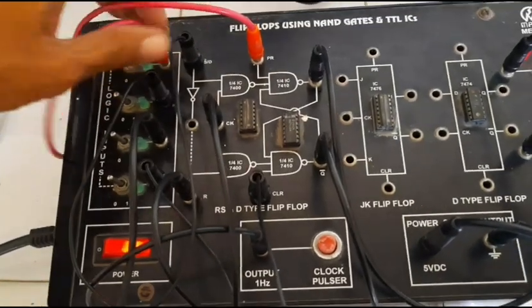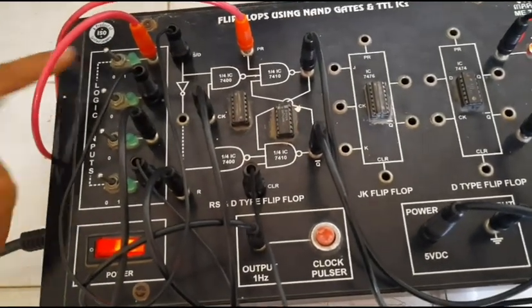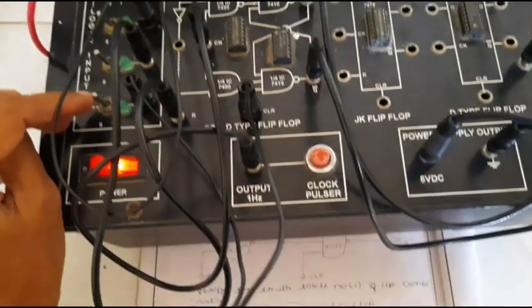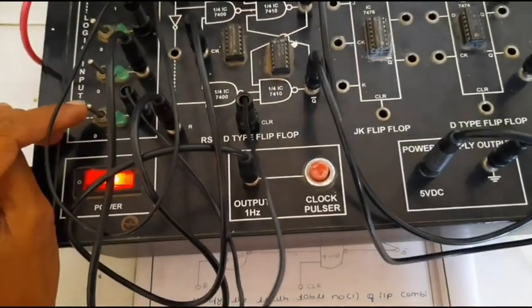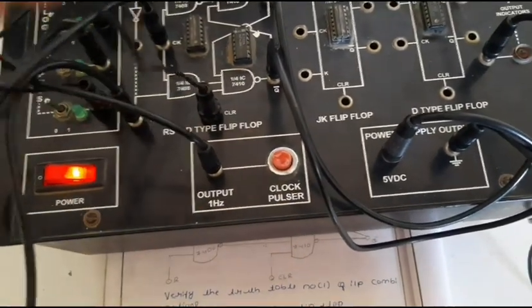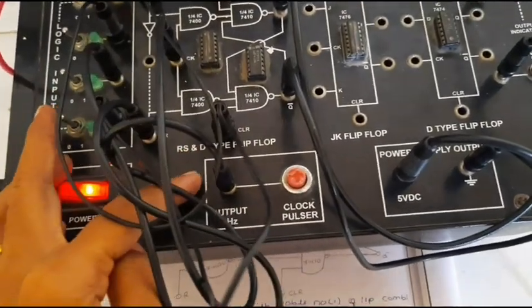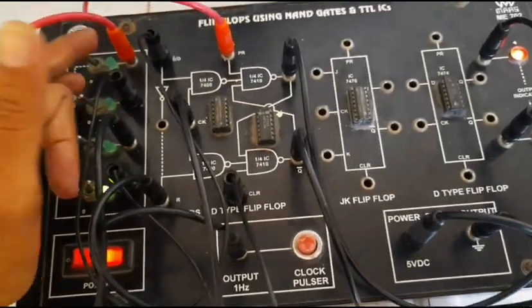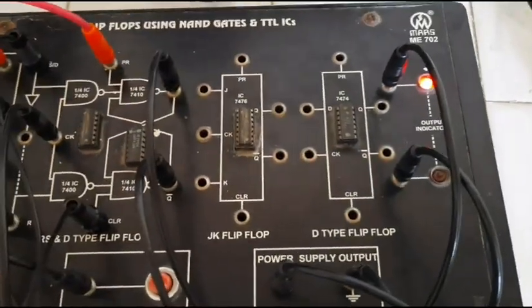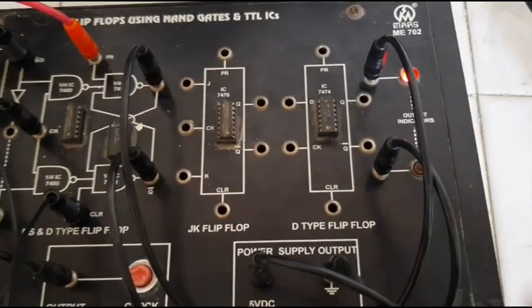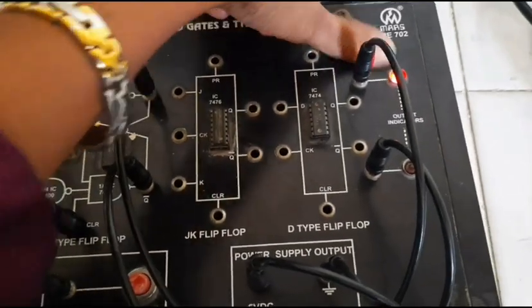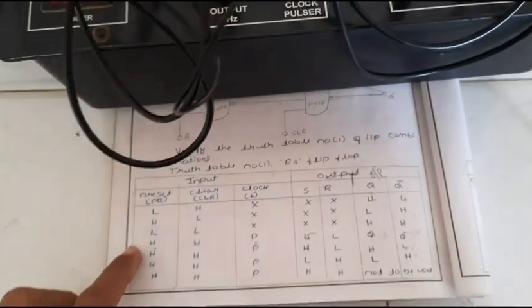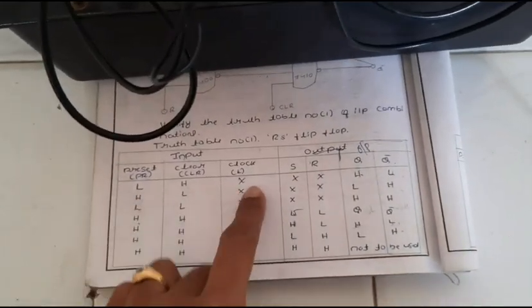Here is the preset, you can see it is low, 0, high that is clear. So clear is high, here is the clear. So I am going to apply here high. Clear is high, preset is low, and the output must be what? Q must be high, Q bar must be low.